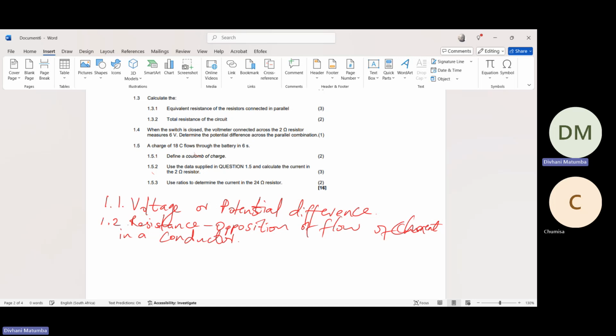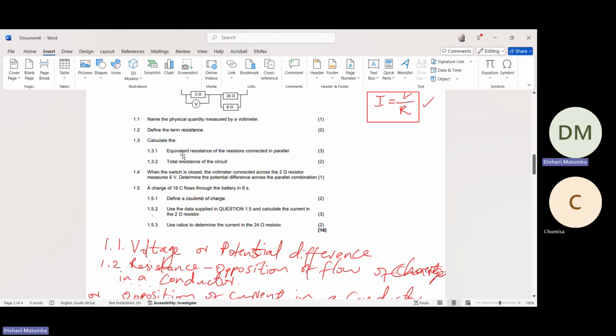Let's just say charges. Yes, sir. Remember, the charges are moving inside a conductor. But you can also say opposition of current in a conductor. You agree? Yes, sir.